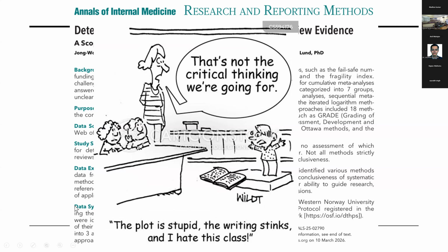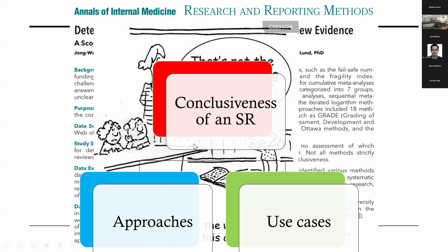People think critical appraisal is taking some article and saying it is stupid. That's not the idea of these Saturday sessions. We just want to teach people. So I'm going to teach you that conclusiveness of a systematic review has various approaches, and I'll tell you when you must use which approach.